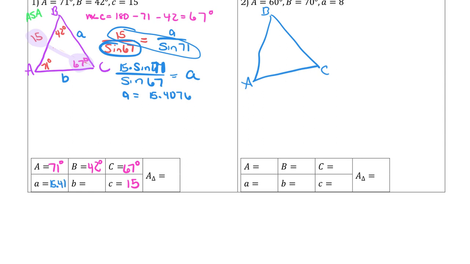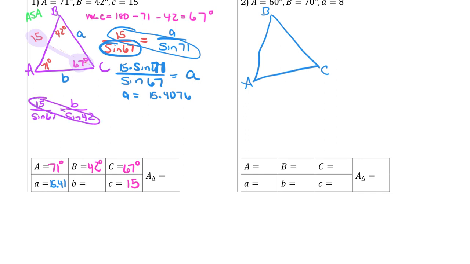Now I'm going to go and find side B. Again, I'm going to use that sine of 67. So I'm going to do 15 over sine 67 is equal this time to B over sine 42.